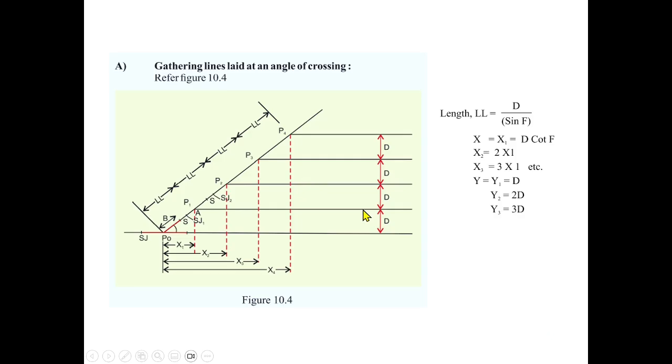Here we have a different type of gathering lines. We have a ladder track, so the gathering lines are laid at an angle of crossing. That means we want to form a yard with a ladder track. When we lay the ladder track, we keep an angle equal to the angle of the crossing.